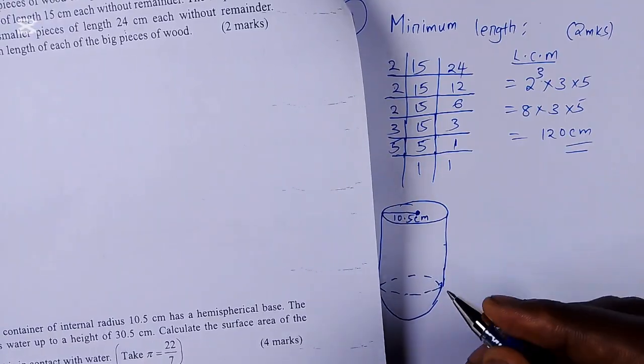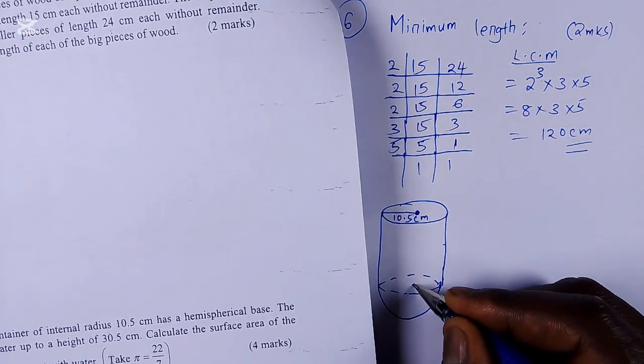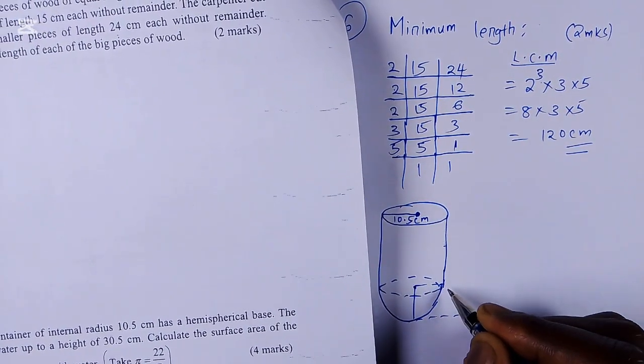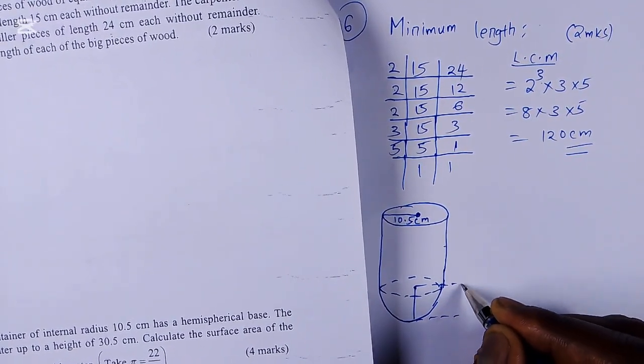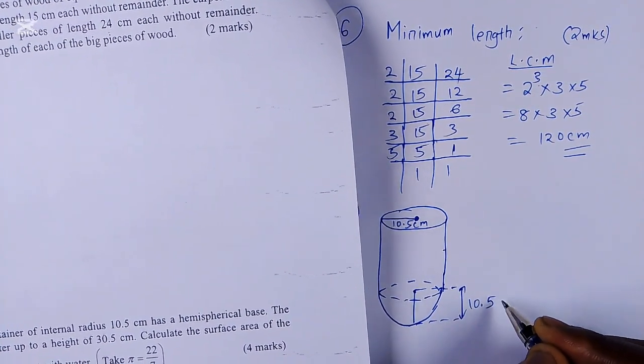So if it has water up to a height of 30.5 centimeters and the radius is 10.5, so from here to here it is equal to 10.5 centimeters.